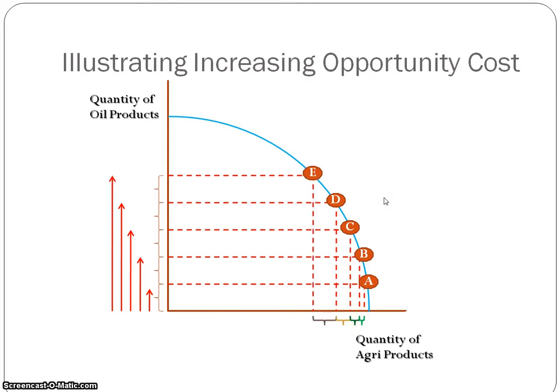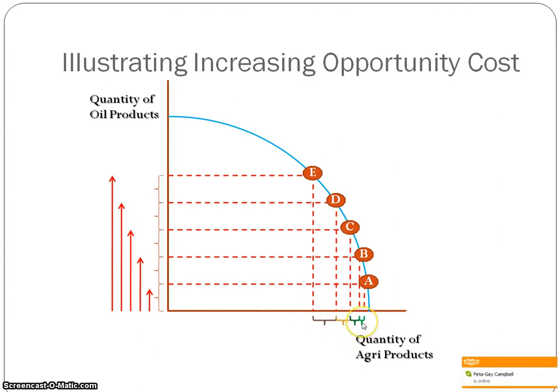We have yet another higher level of production of oil products if we choose combination choice E, representing now an even larger amount of agri-products that we lose. Because again, each time we increase our production of oil products, we must reduce our production of agri-products. And therefore, each time we reduce our production, we incur a loss.